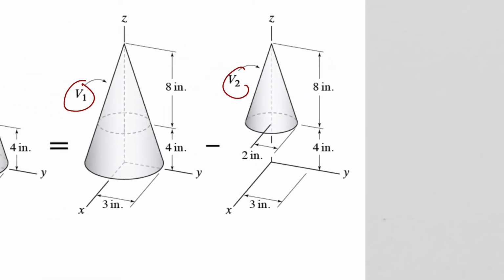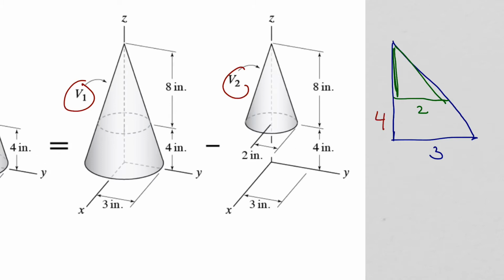Okay, let me show you how we find that height, that 8 inches, by using similar triangles. So we know this from similar triangles. We are given that this is 3. Our top cone is given as 2. We know this dimension is given here as 4, and that is from here to here.